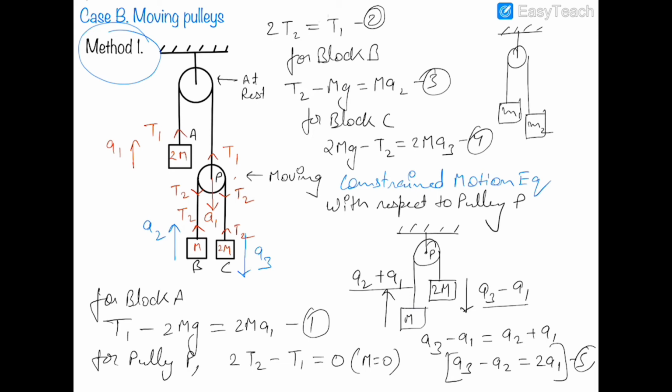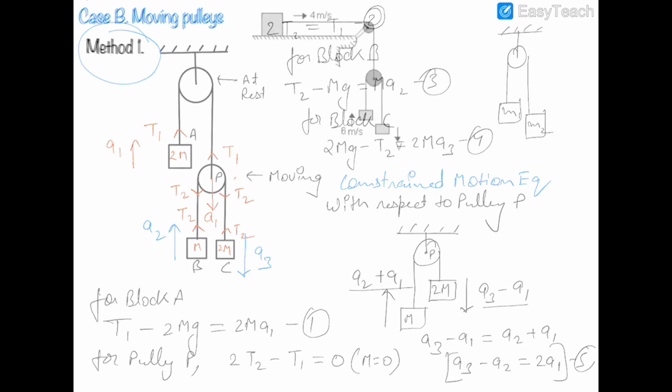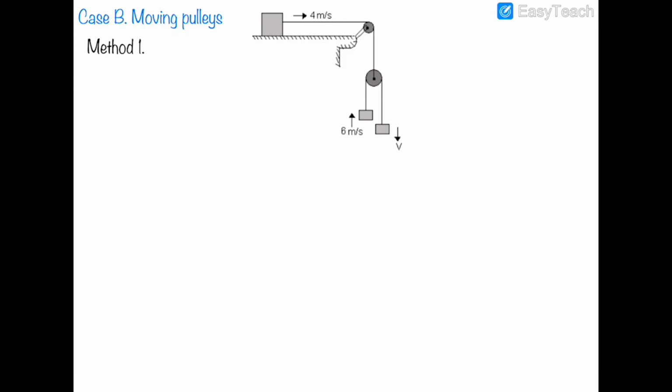Now we move on to the next problem. In this question, I have to find out the velocity v of this block, and I can identify that this pulley is at rest and this pulley is in motion. So the velocities of this block and this block will be different.